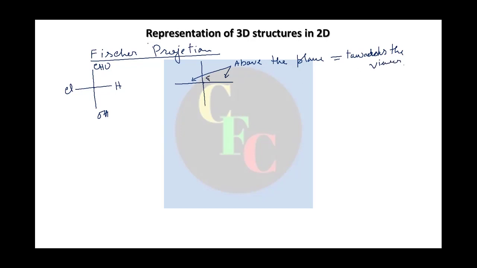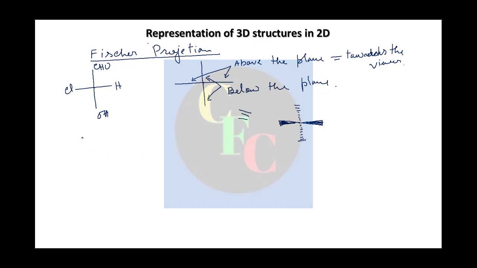And the bonds which are vertical are below the plane. That means this can actually be drawn something like this. So these are below the plane and these are above the plane. In a tetrahedral, you are viewing it with two bonds towards you and the two other bonds away from you. Okay.